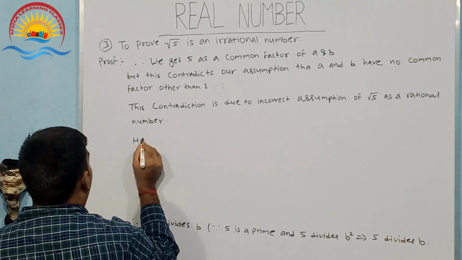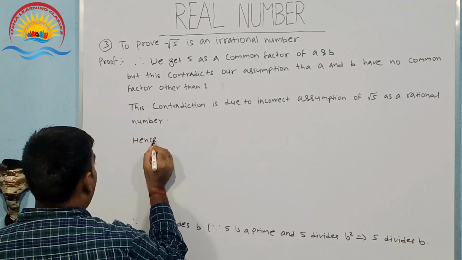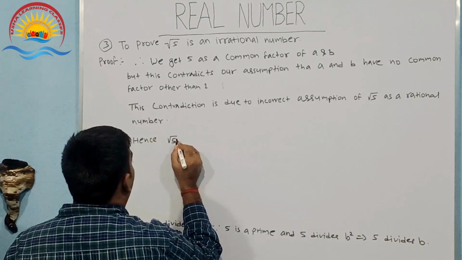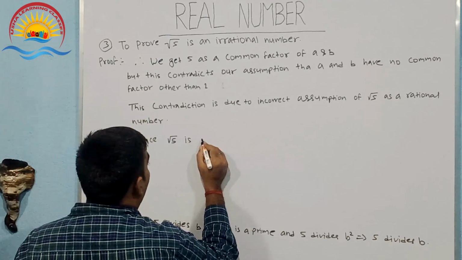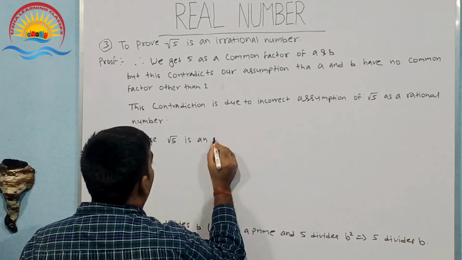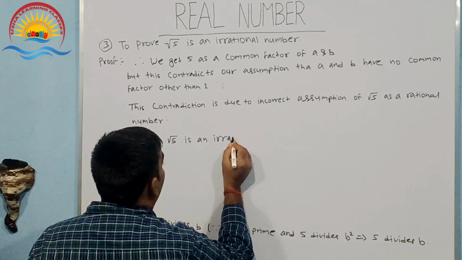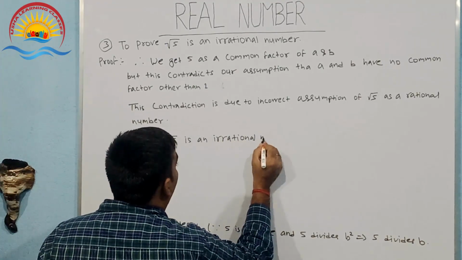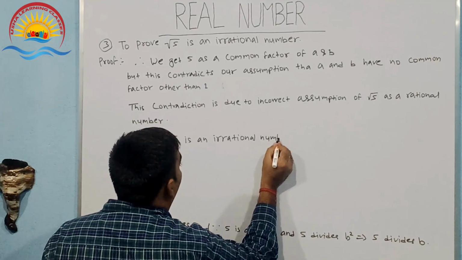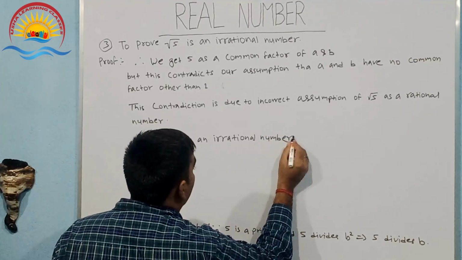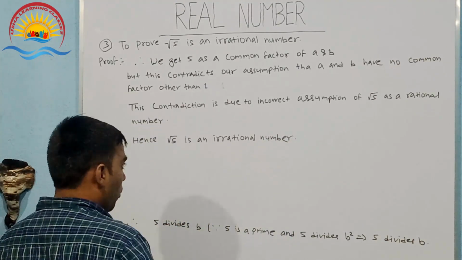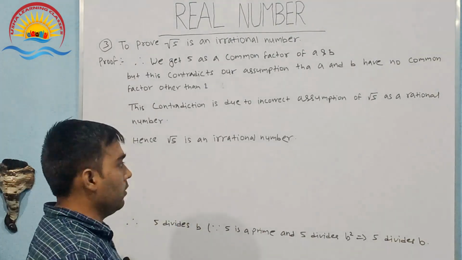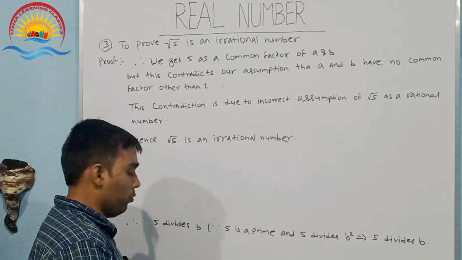Hence root 5 is an irrational number. We can prove it for root 3, root 2, root 7, etc. And this is our proof.